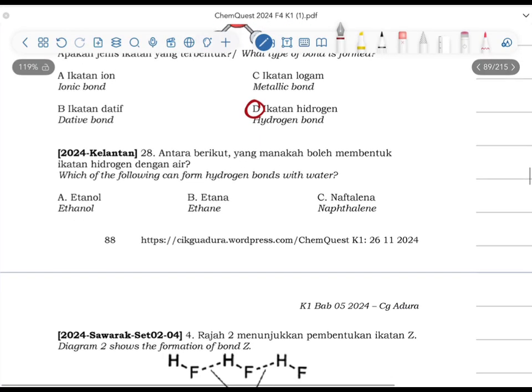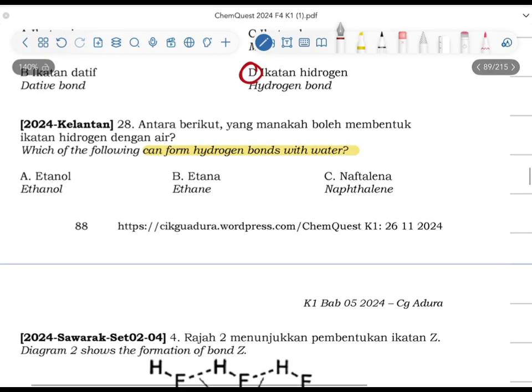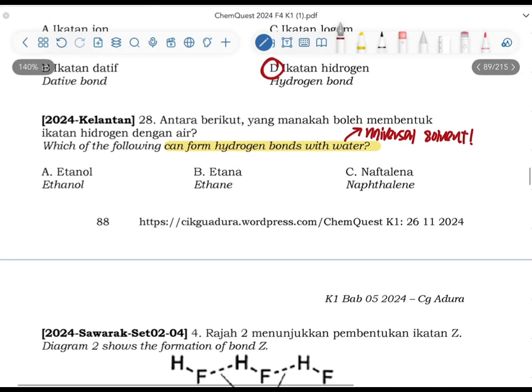So next question. Which of the following can form a hydrogen bond with water? We know that water is a universal solvent, which means it can form hydrogen bonds with many other substances. But let's see ethanol.